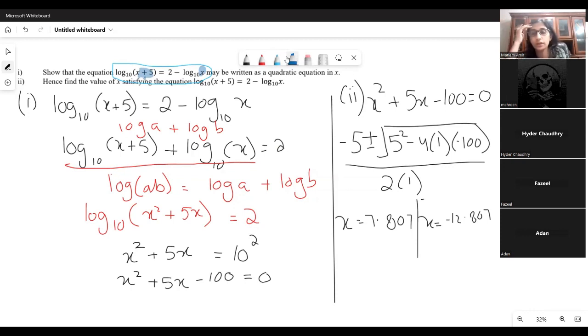You can only take the log or natural log of a positive value. So that means the negative solution has to be ignored, it is not possible. Put it aside, and this is the only answer.